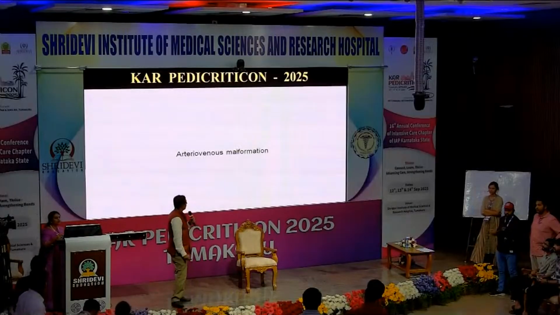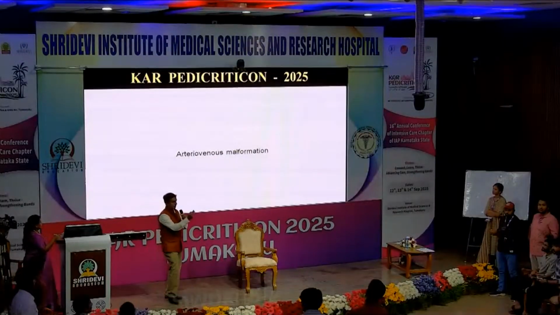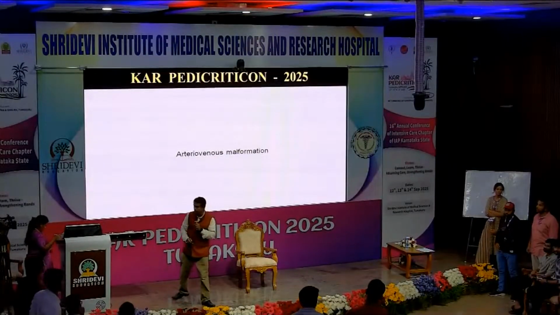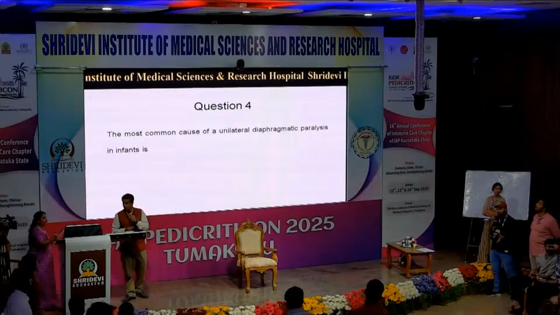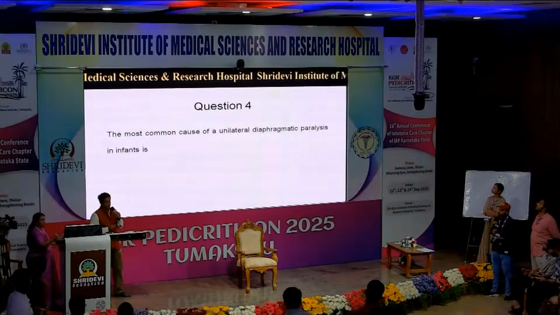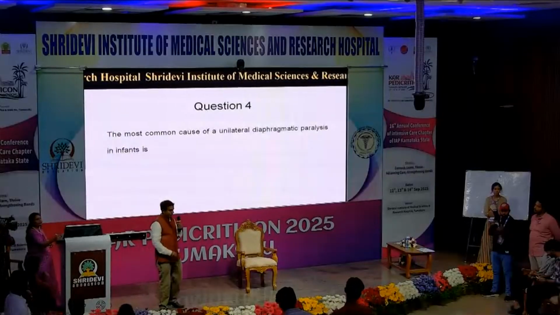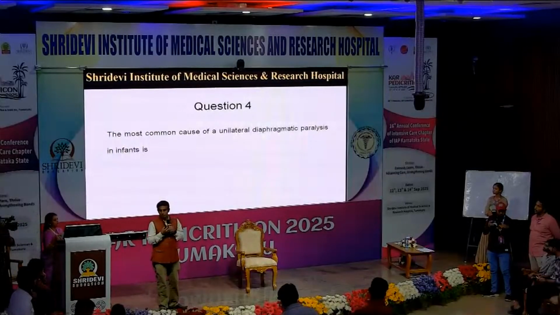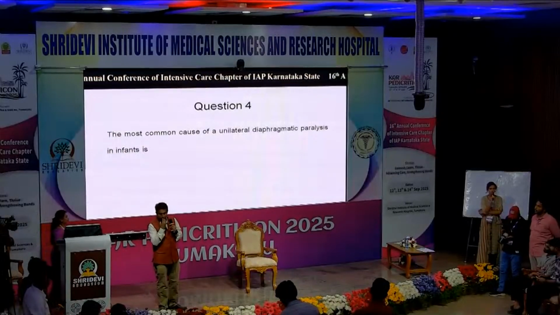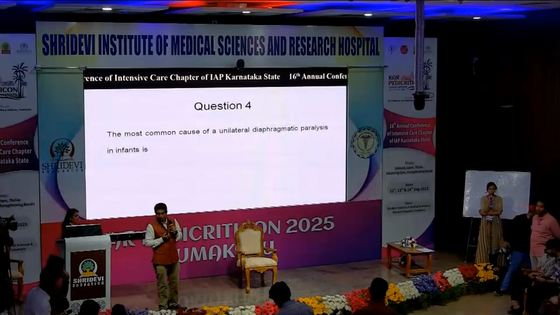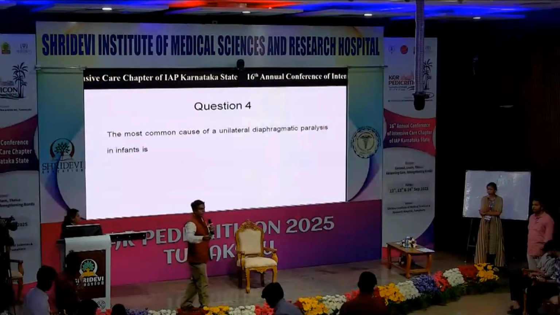Okay, fine. Next team is team D. You ready for a question? Starts now. The most common cause of unilateral diaphragmatic paralysis in infants is. Time up. Please give us slips.